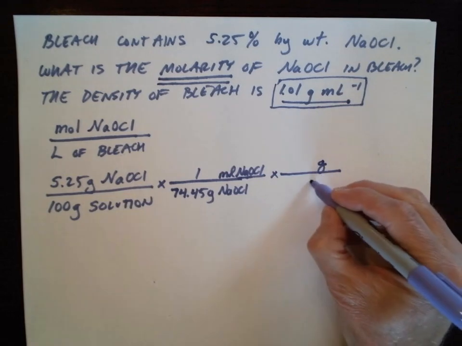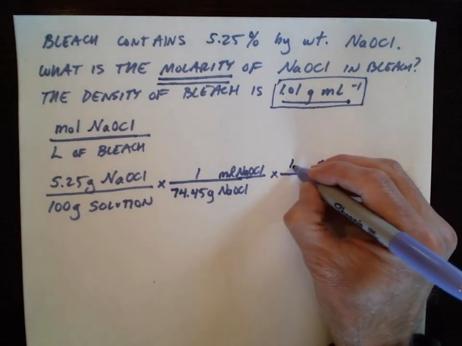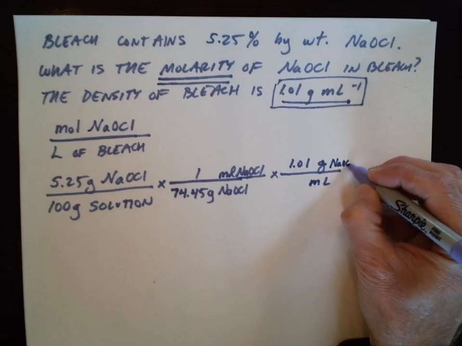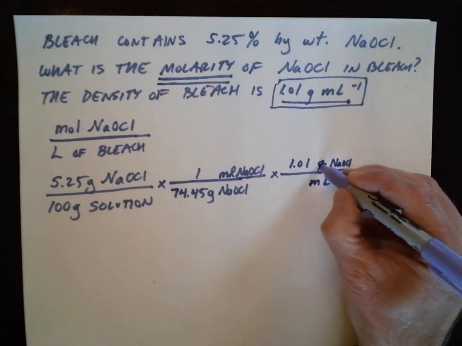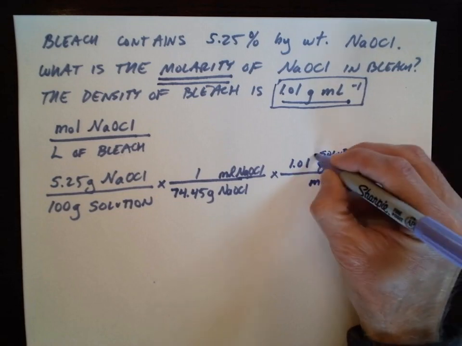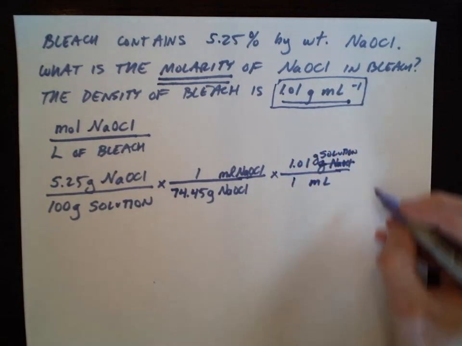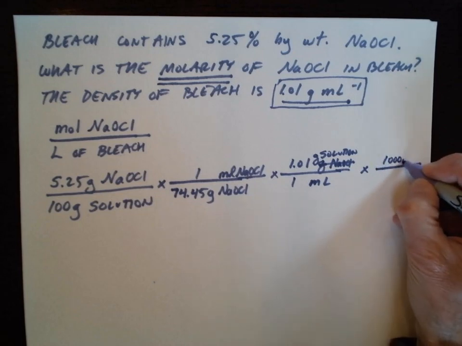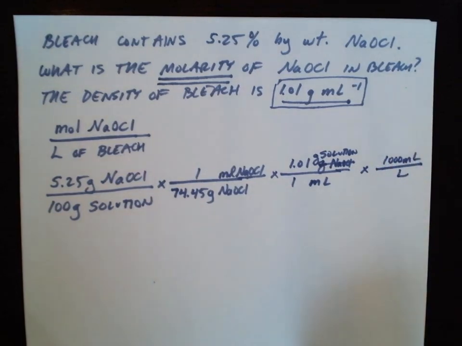Well, we can get milliliters through the density. So we know there's 1.01 grams of the solution, which is the bleach, for every milliliter. Then, of course, to get that to liters, there's 1,000 milliliters in a liter. That's it. I think we've done it.